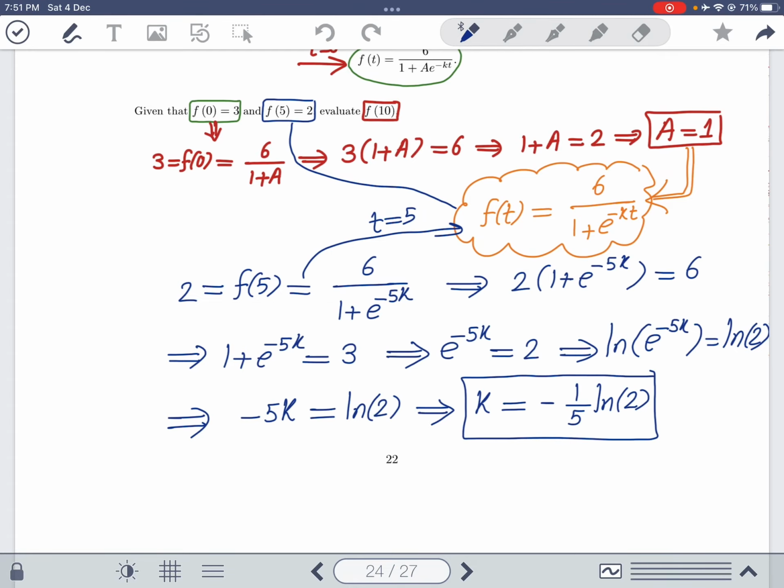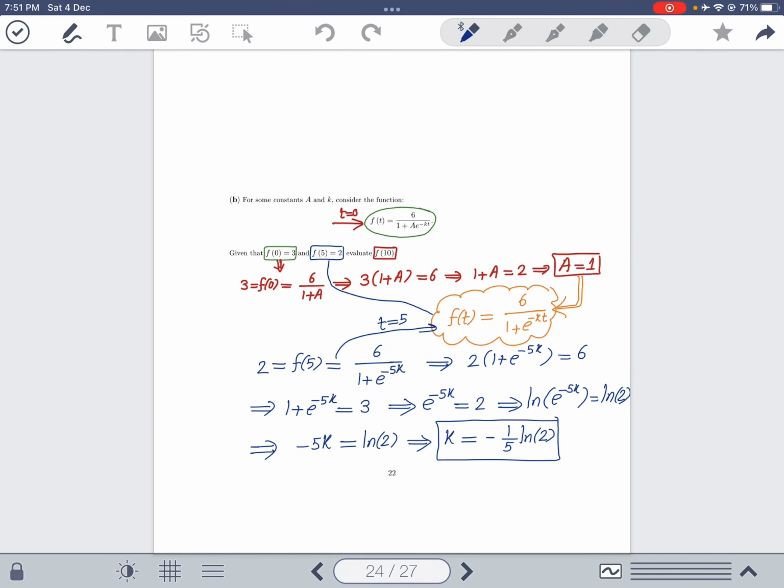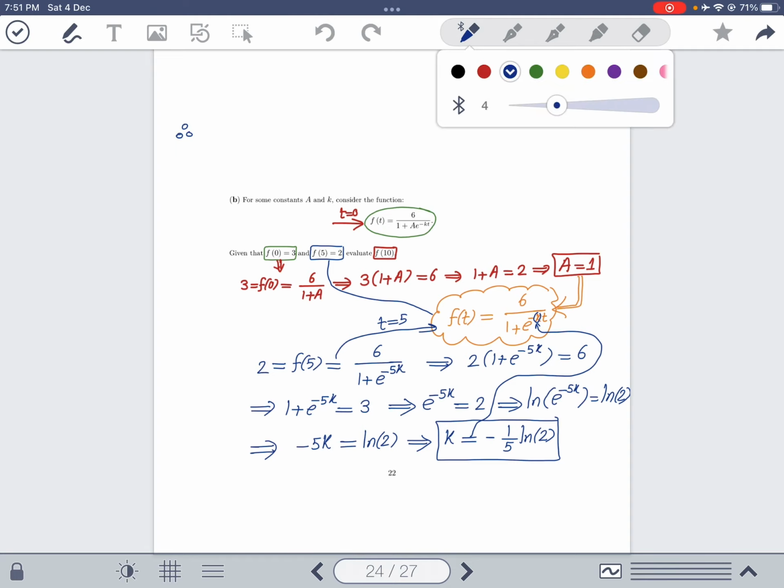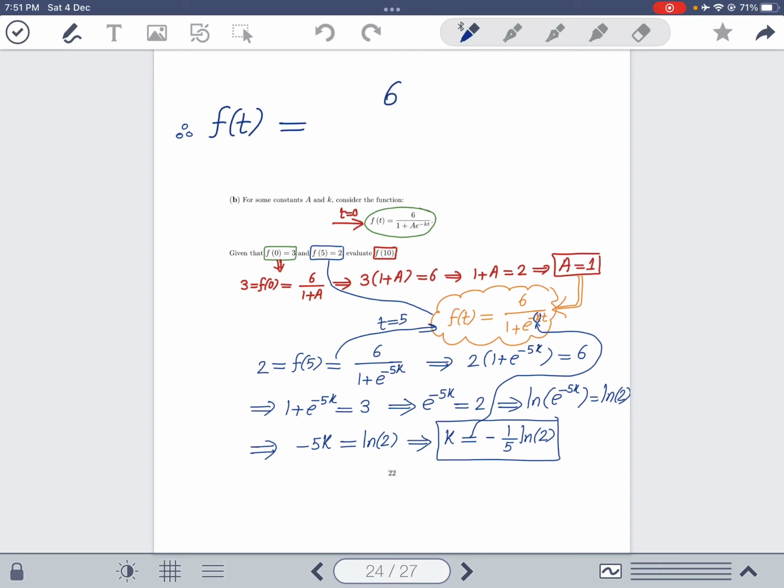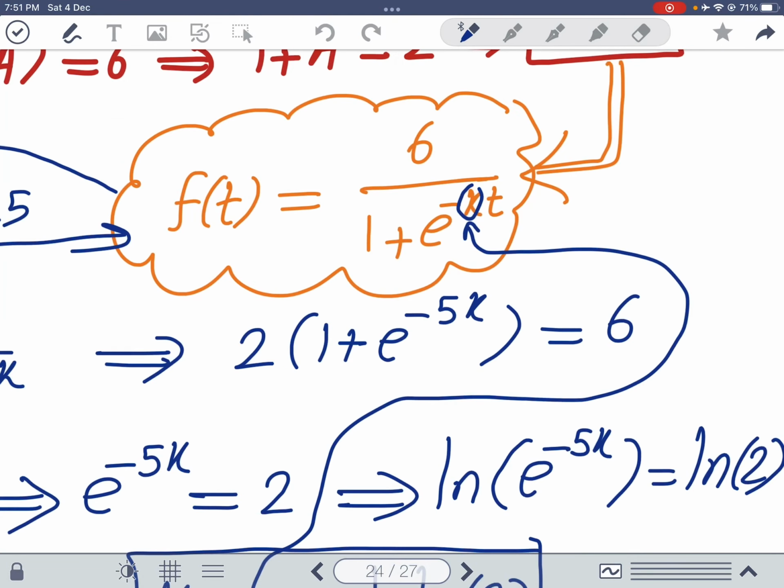Perfect. We got what k is. And now we can put it back into the formula for k, and we will be done. So I will say here, therefore, and make it thicker, and write f of t. F of t equals 6 over 1 plus a is 1 and e to the, look, it will be e to the minus k.